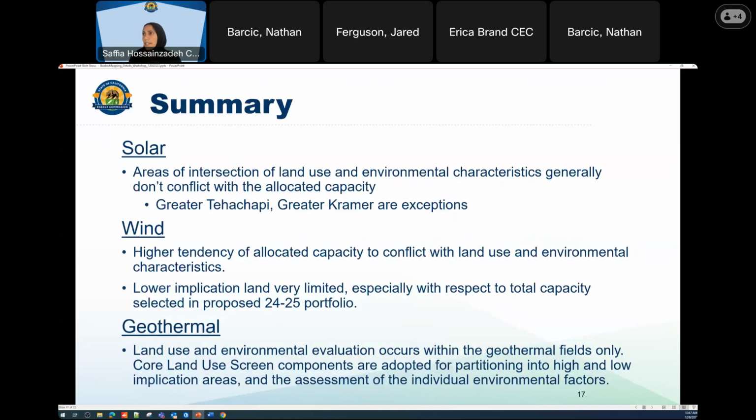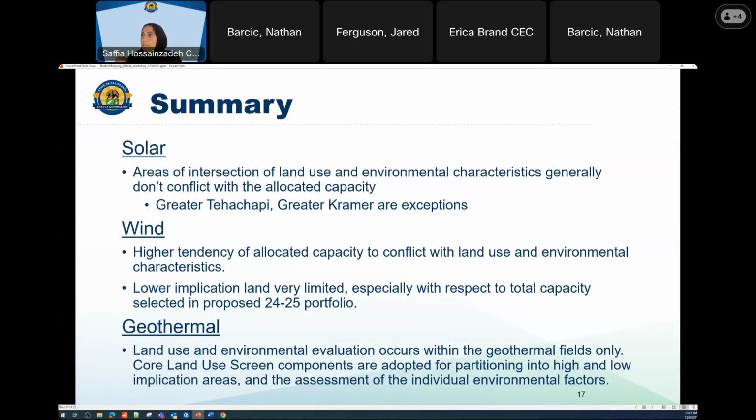So in summary, I shared in detail the geospatial and land use environmental methodology that was used to perform this assessment for busbar mapping.